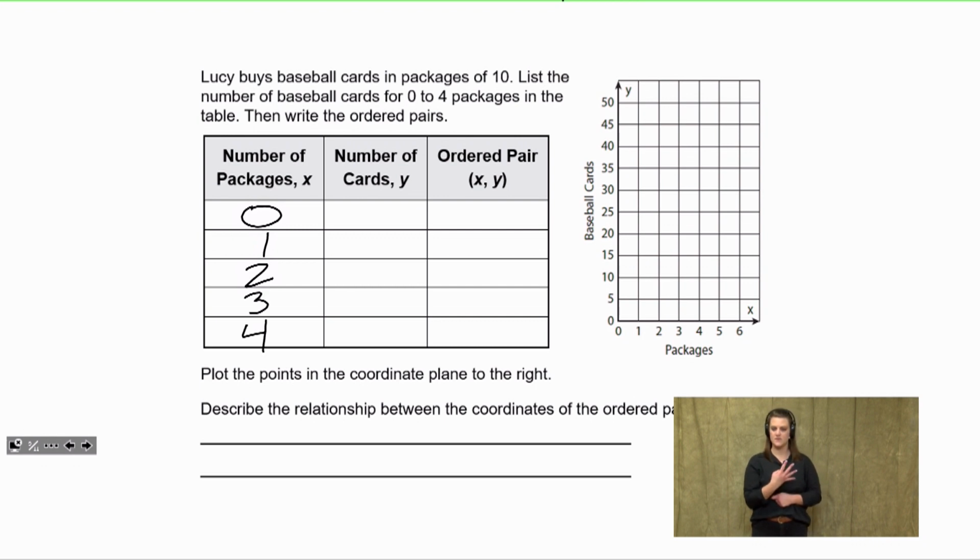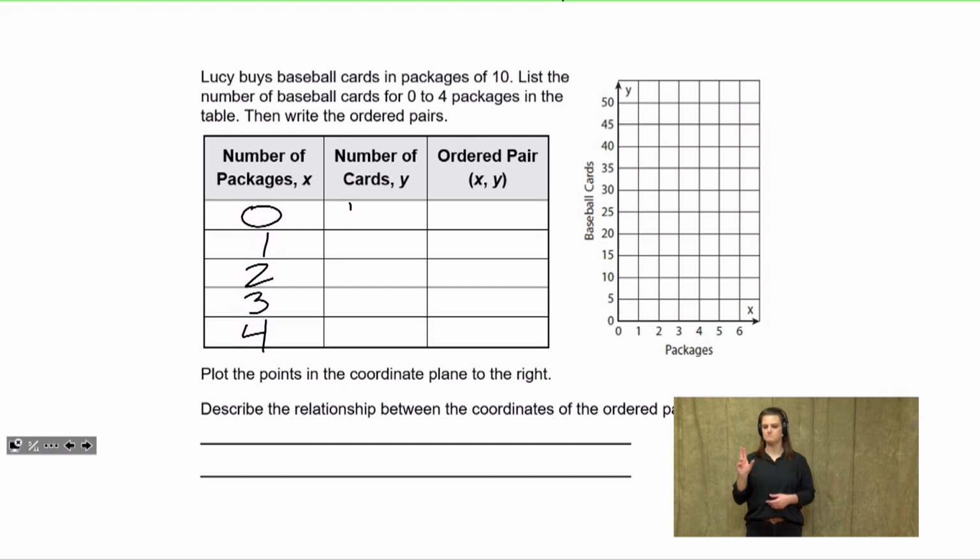Do you agree that that is the correct pattern for the x-axis? Yeah, because it says 0 to 4 packages, and that is my 4th package. All right, now it says there's 10 cards in each package. All right, so if I don't have a package at all, do I have any cards in it?